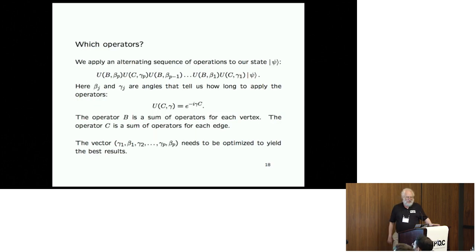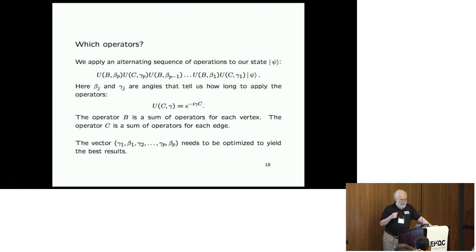And how do we maximize this? What we're going to do is apply an alternating sequence of operations to our state psi. We alternate applying the unitaries C of gamma 1, B of beta 1, C of gamma 2, B of beta 2, C of gamma 3, B of beta 3, etc. And beta j and gamma j are really angles that tell us how long to apply these operators, if you thought of them as Hamiltonians.